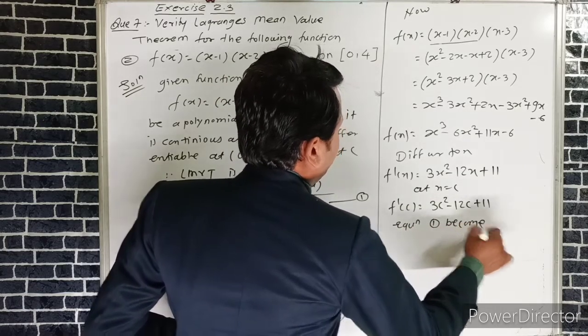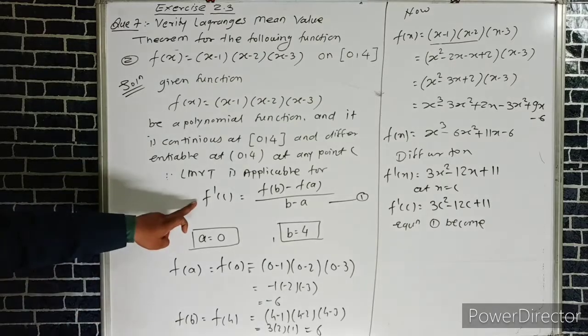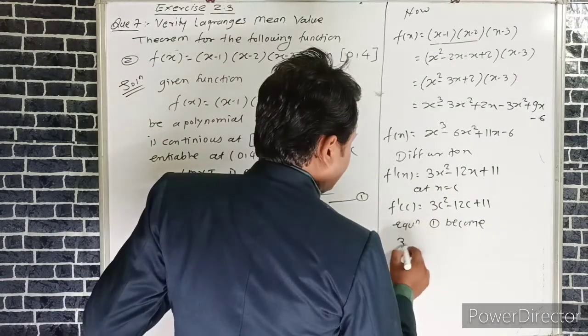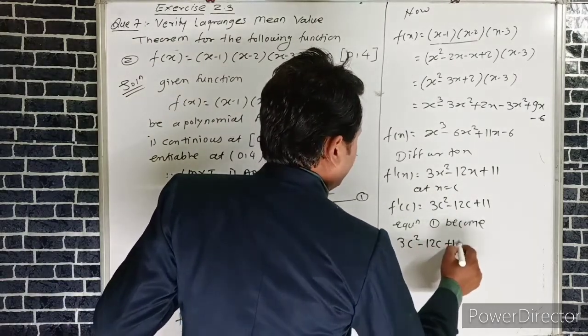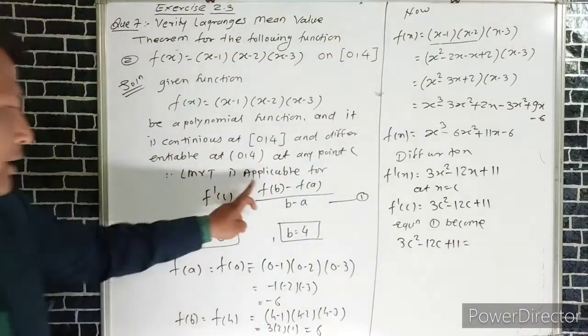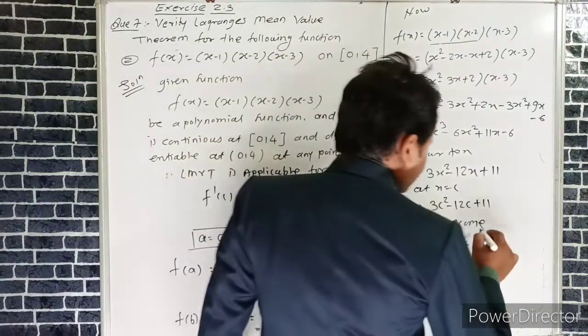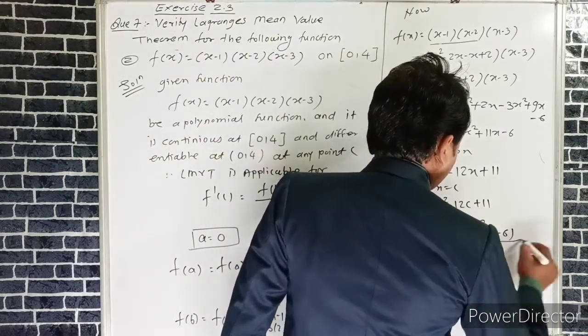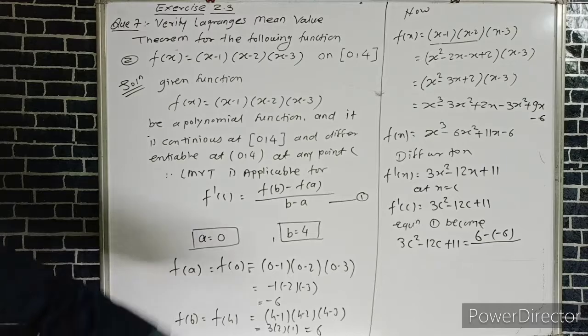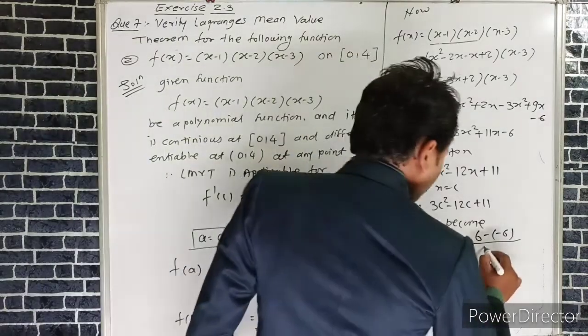Therefore, we can write this whole value in equation 1. So equation 1 becomes: f dash of c, that is 3c square minus 12c plus 11, is equal to f of b minus f of a, that is 6 minus (minus 6), upon b minus a, that is 4 minus 0.